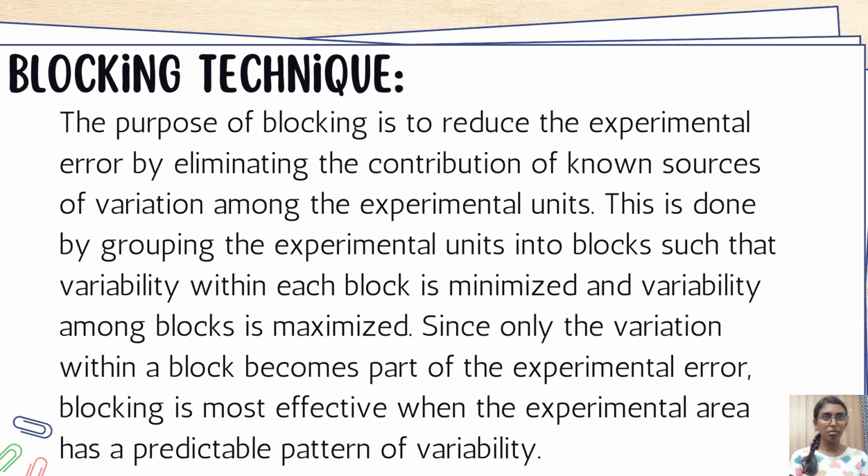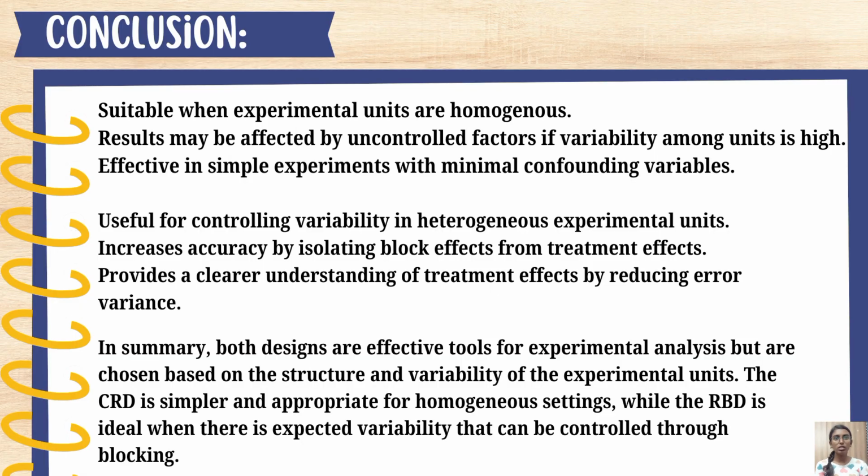This is done by grouping the experimental units into blocks such that variability within each block is minimized and variability among blocks is maximized. In summary, both designs are effective tools for experimental analysis but are chosen based on the structure and variability of the experimental units.